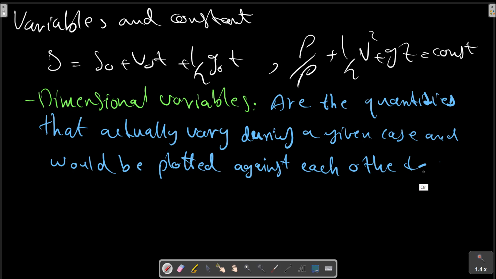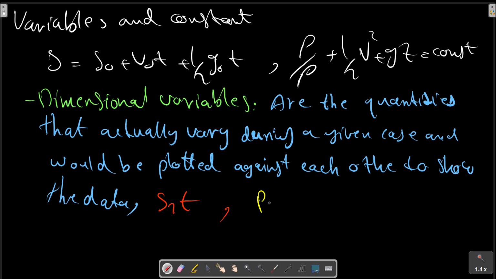to show the data. For example, in the falling body diagram, S and T are the dimensional variables, and in the Bernoulli equation p, V and Z are variables.